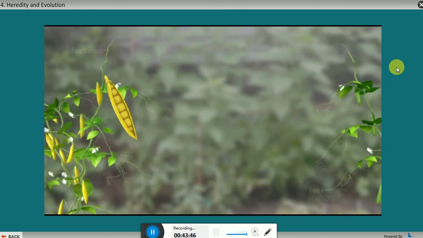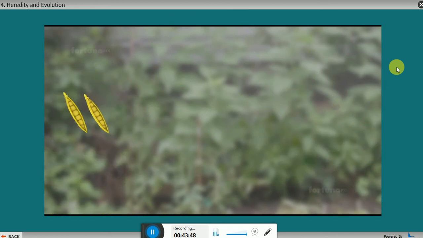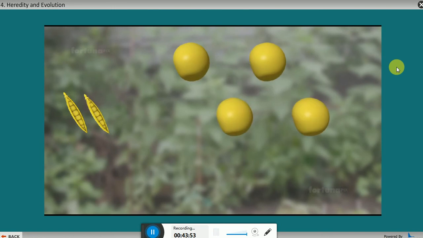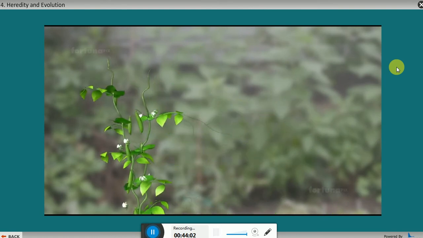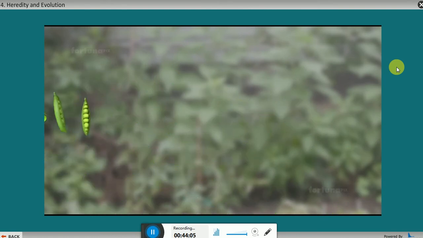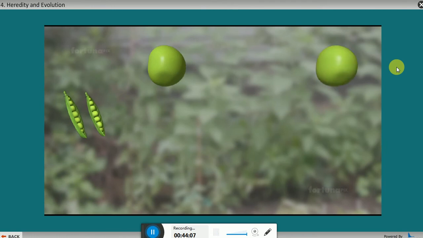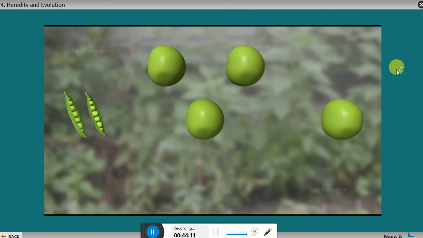Mendel bred peas with yellow seed coats for a few generations to ensure plants in subsequent generations would have yellow seeds. Similarly, he self-pollinated pea plants with green seed coloring, so all plants in subsequent generations would produce a green seed color.